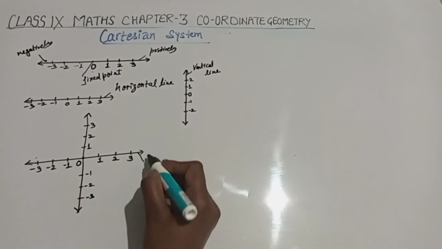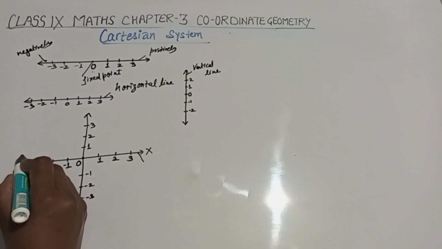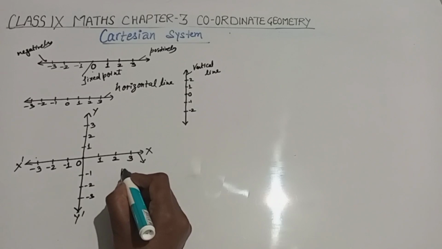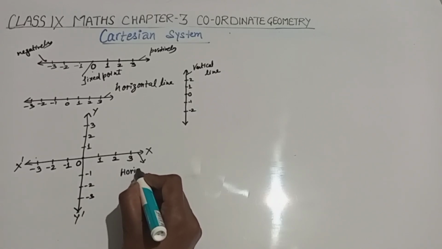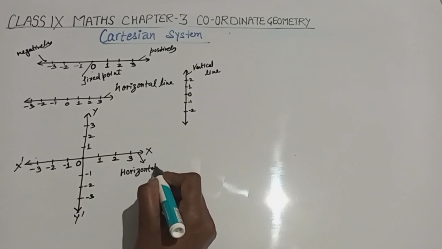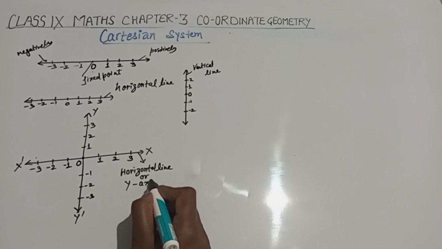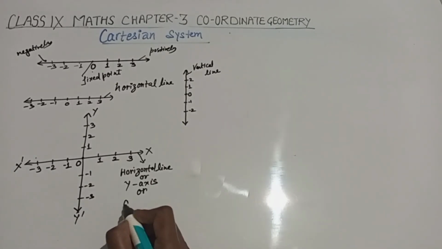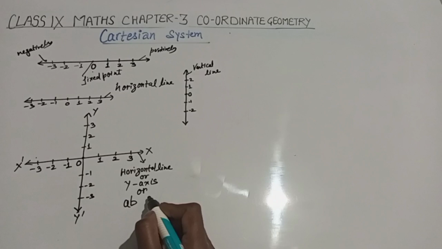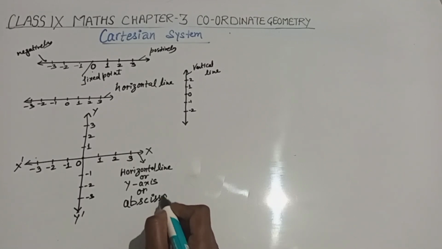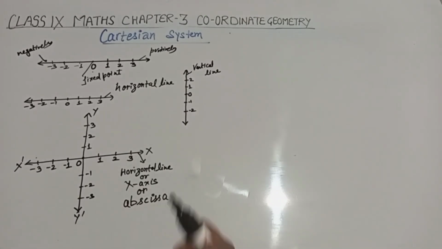This is called the horizontal line or x-axis, with x dash, y and y dash. The x-axis is also called the abscissa or the horizontal line.